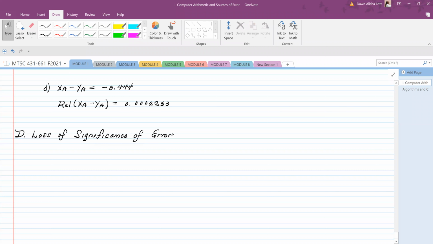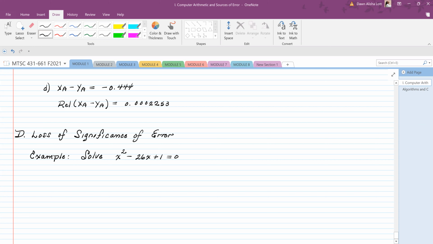All right, so here's my example. I want to solve x squared minus 26x plus 1 is equal to 0.